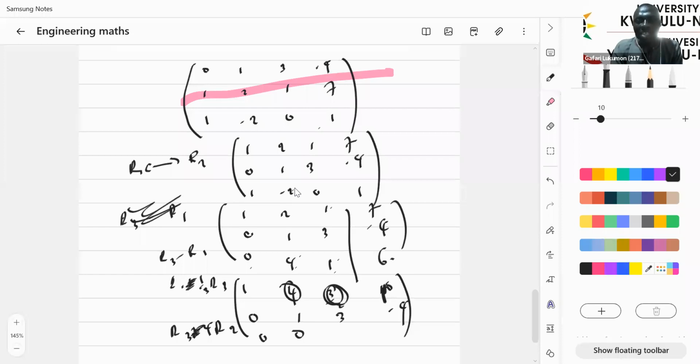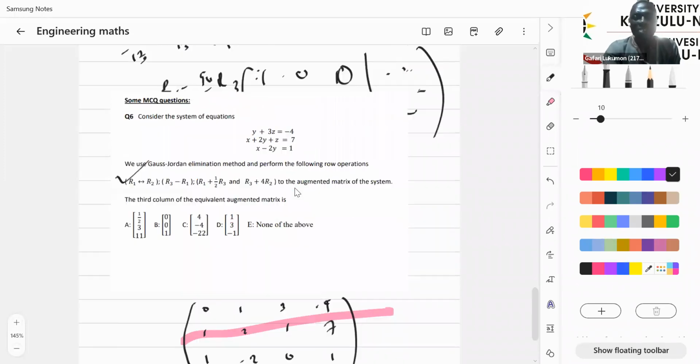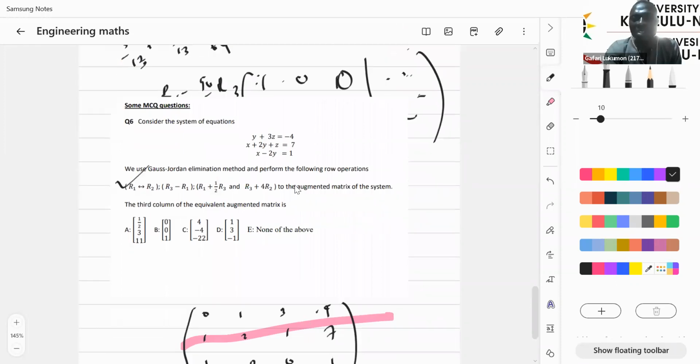So then R3, so what is R3? 1 minus 12, that is minus 11. Then 6 plus 16, that is 22. Yeah, I think we've performed all the rows if we've not made a mistake.